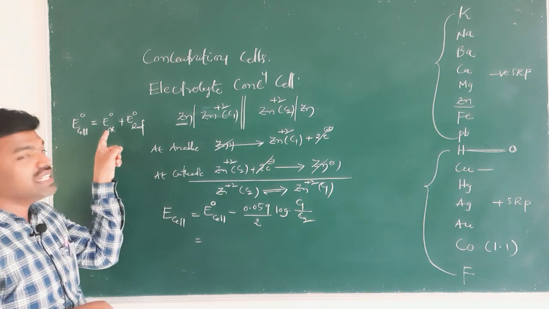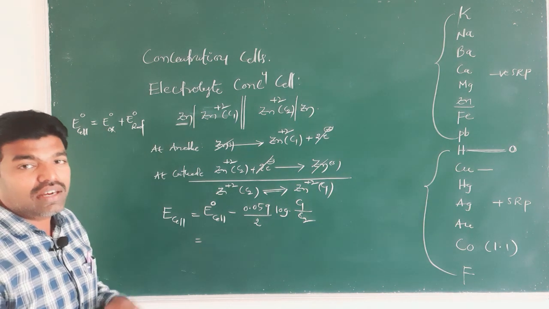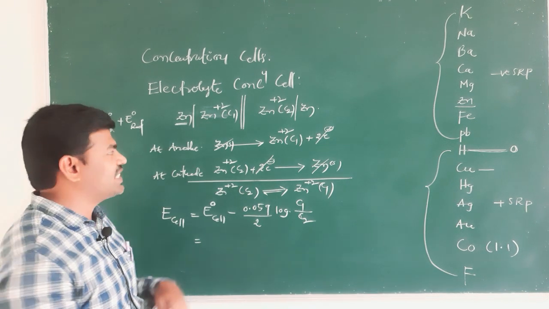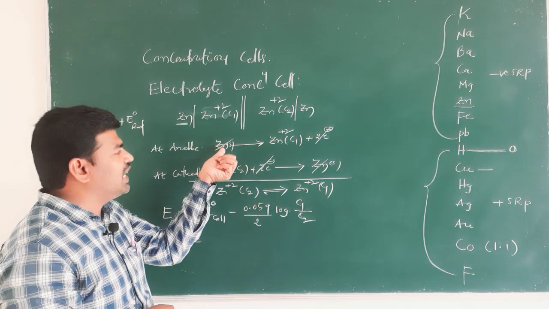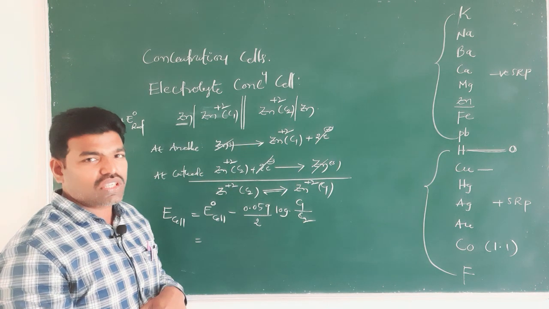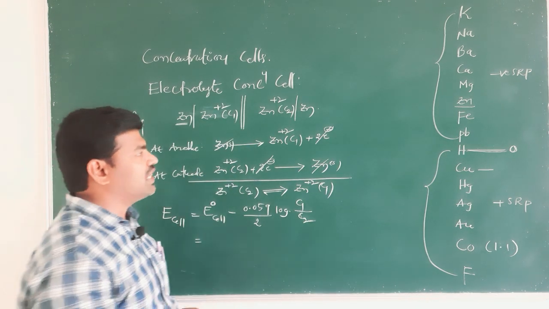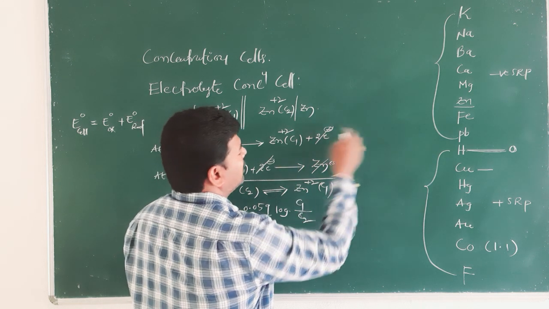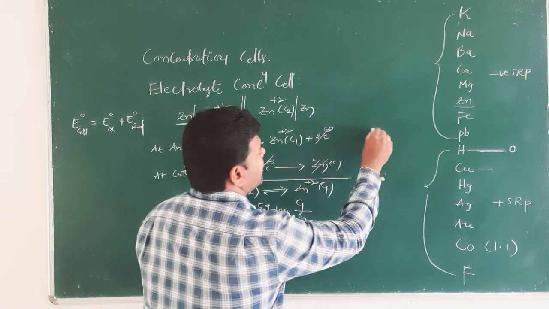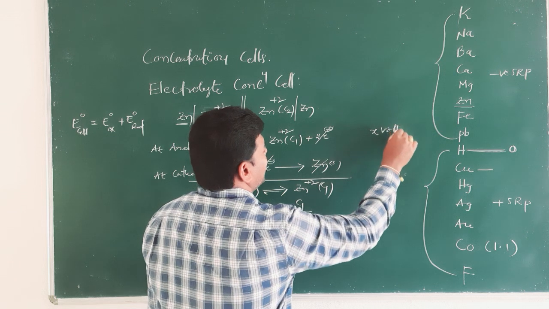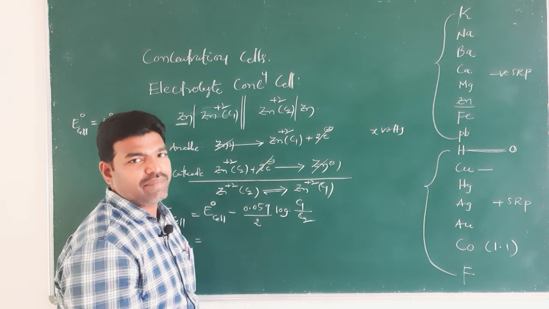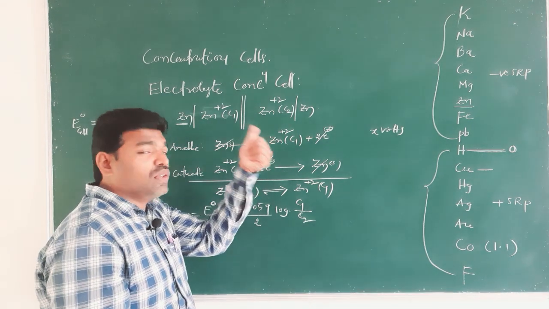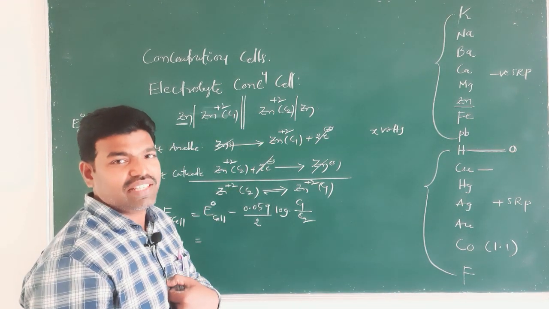Here, the same electrode undergoes oxidation and reduction. For example, if you take this zinc electrode, zinc undergoes oxidation, and due to the oxidation of zinc, for example, X volts is generated. The same electrode undergoes reduction.